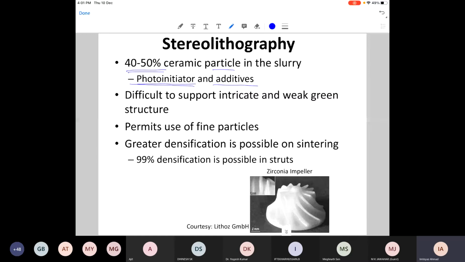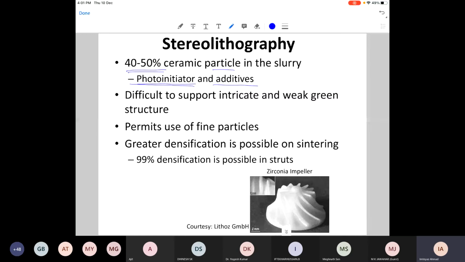The advantage is that when you use very fine particles as green product, after the removal of binder, when these fine particles come in contact, your sintering will be very fast. So for smaller particles, faster sintering can happen, and that's the reason why people tend to use smaller particles.